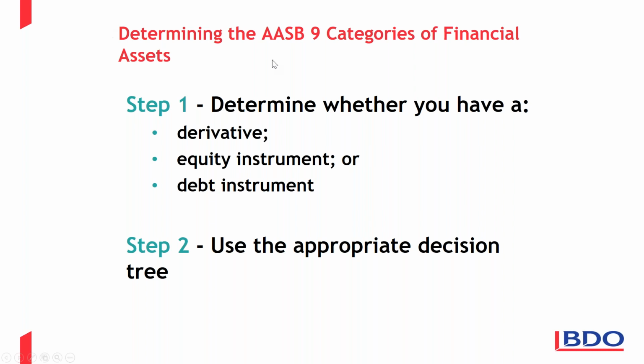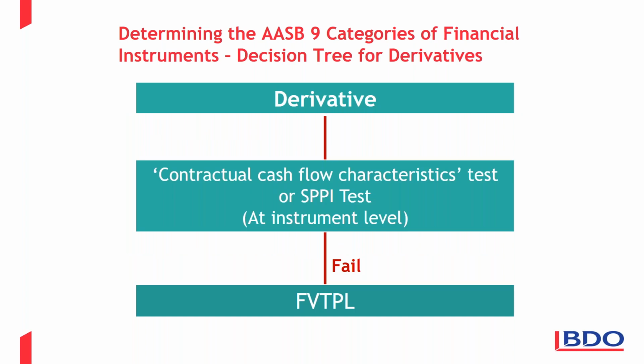And then you have to use the appropriate decision tree. You'll remember last year we stepped through these decision trees, and we said if your financial asset is a derivative, you'll always end up with fair value through profit and loss. And the reason is you're failing the SPPI test.